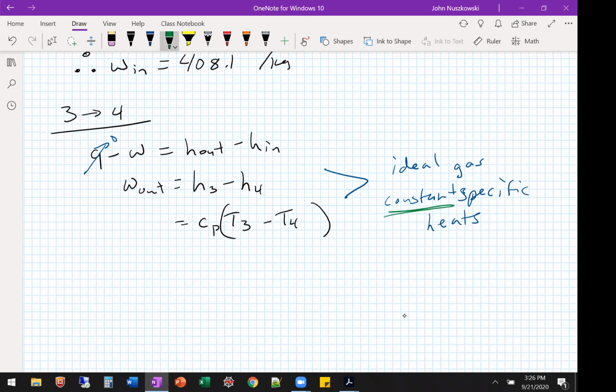All right, so if we have Cp, we go through and see what we have. We have T3 because they gave us T max. How do we get T4? Is it using the same process, the isentropic relationship?